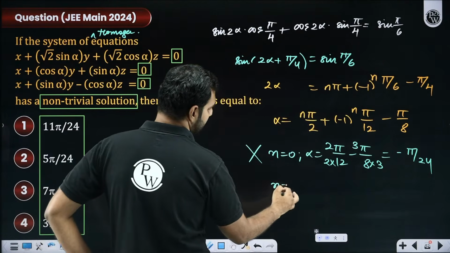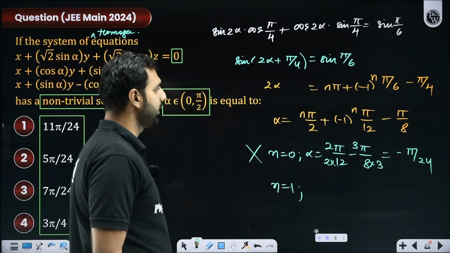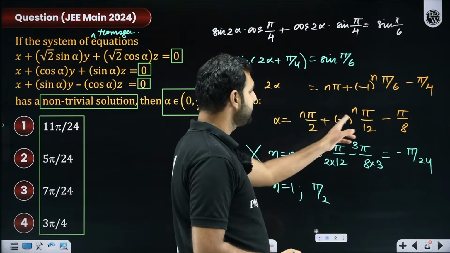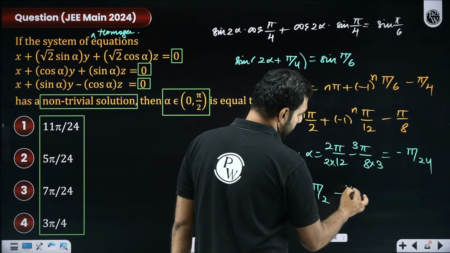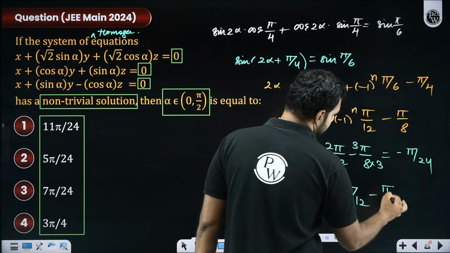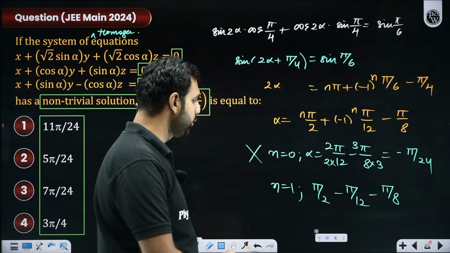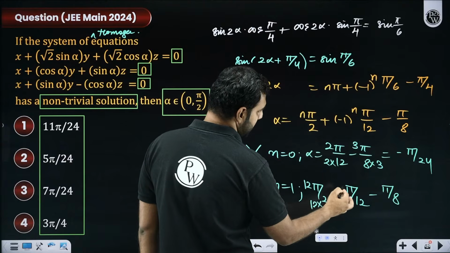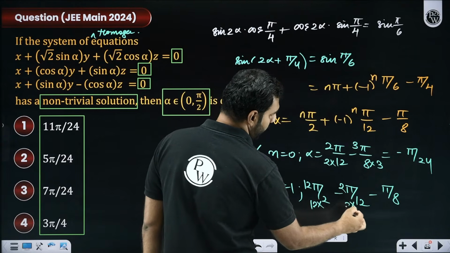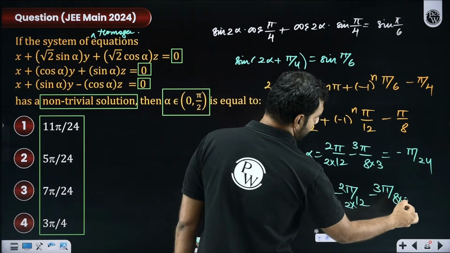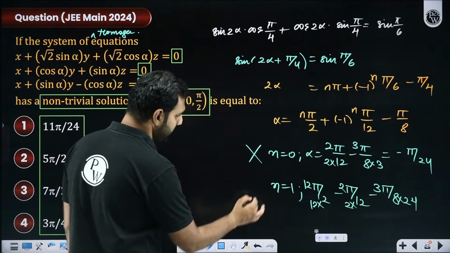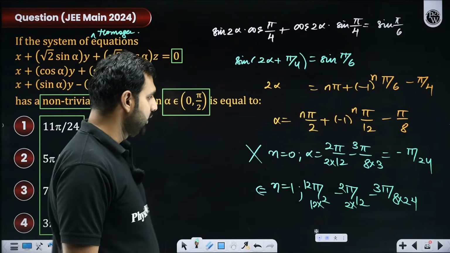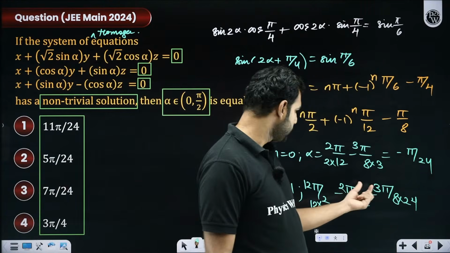Now if I try n as 1, so n as 1 means what? pi by 2. 1 means minus. So this is minus pi by 12, and this is minus pi by 8. Again, I think 24 will do the justice. So this will be 12 pi by 24, this is 2 pi by 24 and this is 3 pi by 24. I hope you are understanding. I'm just taking the LCM. So with that you receive alpha as 12 minus 2 minus 3.